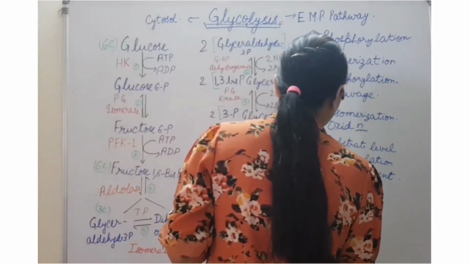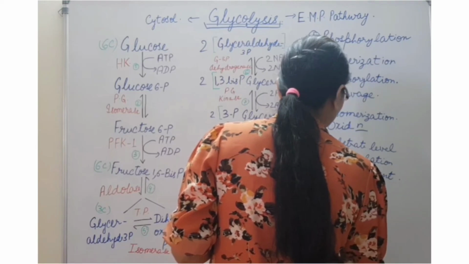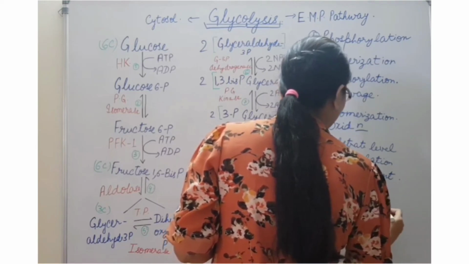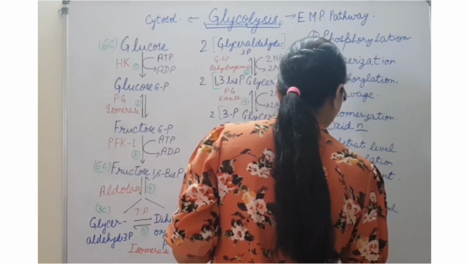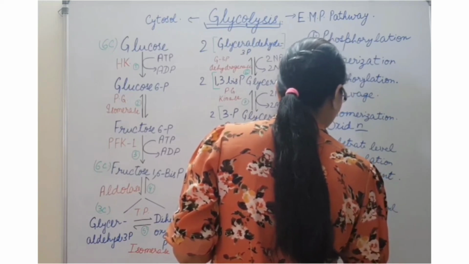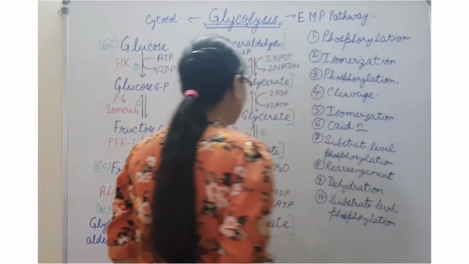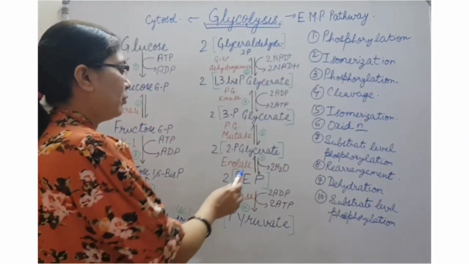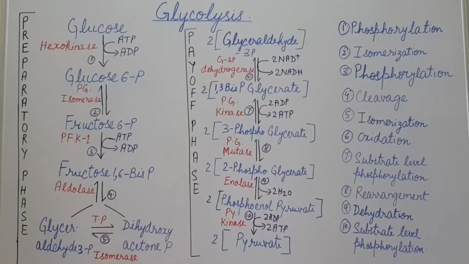This is also substrate level phosphorylation, because here also the phosphate group is provided to ADP by the substrate PEP.